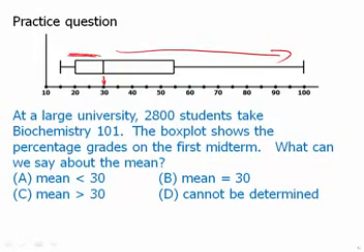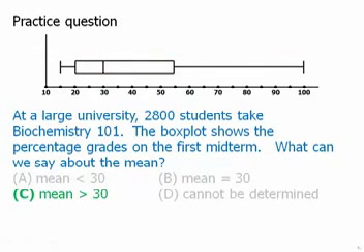And so, if you remember, comparing mean and median, the mean gets pulled in the direction of outliers. We talked about this way back in the lesson on mean and median. So if the mean is pulled in the direction of outliers, that means that the mean has to be pulled above the median, and therefore the mean is higher than 30. And that is the answer.